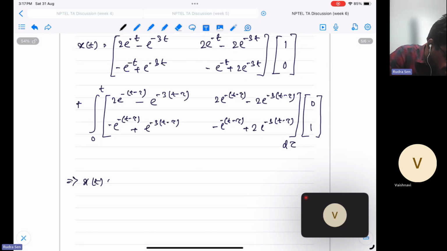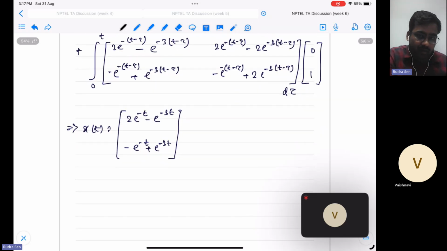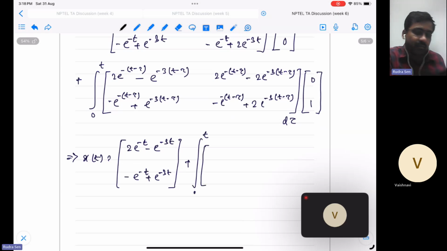So x(t) is basically what you will get: 2 e to the power minus t minus e to the power minus 3t, and this is minus e to the power minus t plus e to the power minus 3t. Multiply these two terms, and here you have to separate the t term and tau term.